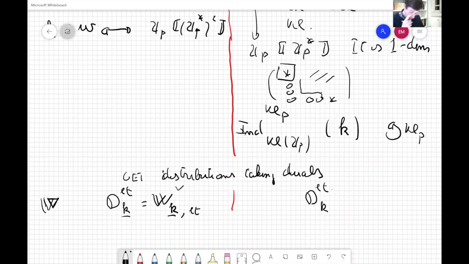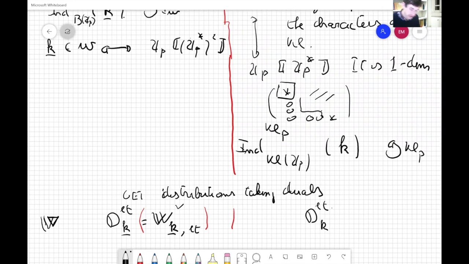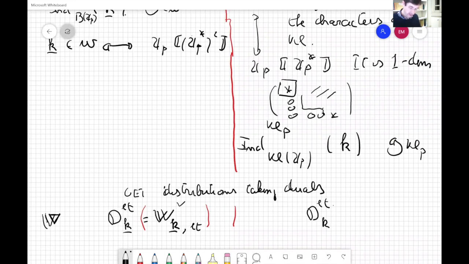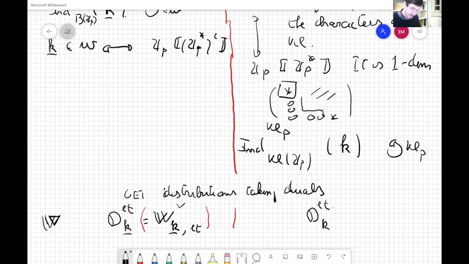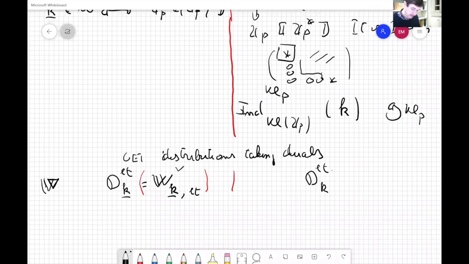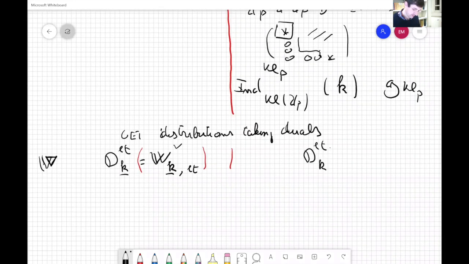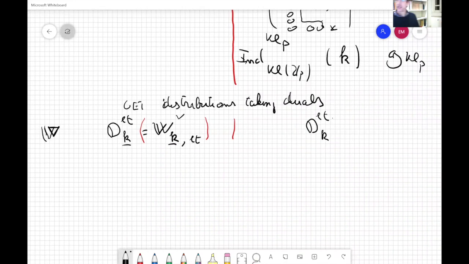So yesterday it was denoted this way. And here we have again this definition, but mind that we are missing now one dimension. We're simply varying things in the weight space in one direction. Okay. So that's for the etale coefficients.